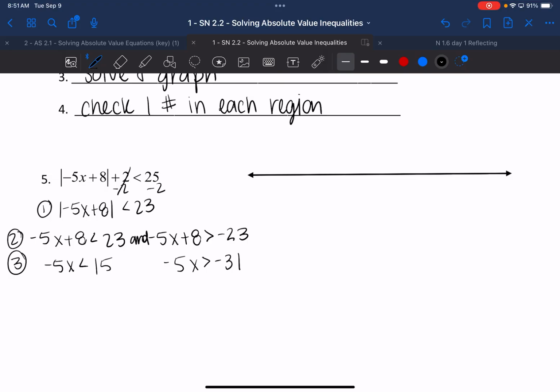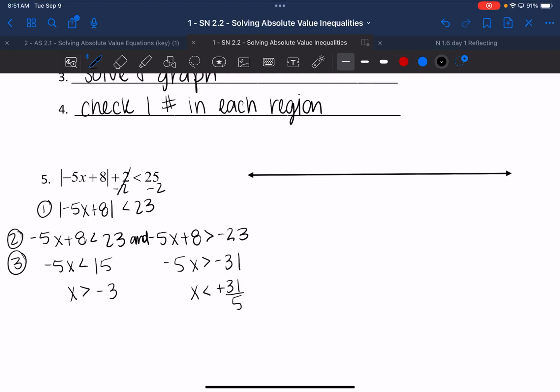So this is going to actually become x is greater than negative 3, right? And this one will now be x is less than negative 31. Or sorry, I guess it becomes positive because there were 2 negatives. Then 31 over 5, right?